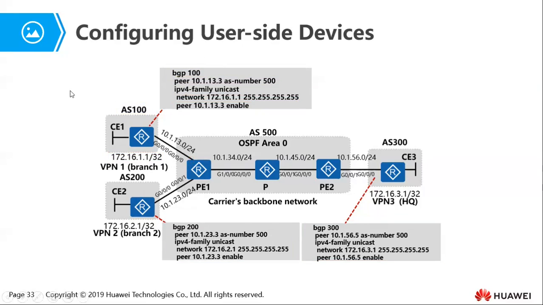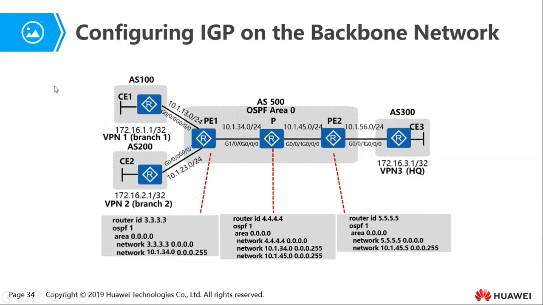After doing that, the next thing is to configure IGP on the backbone network. You need to configure IGP to allow the backbone network routers to be able to share routes. In this case, we are configuring OSPF area 0. I'll just show one example.